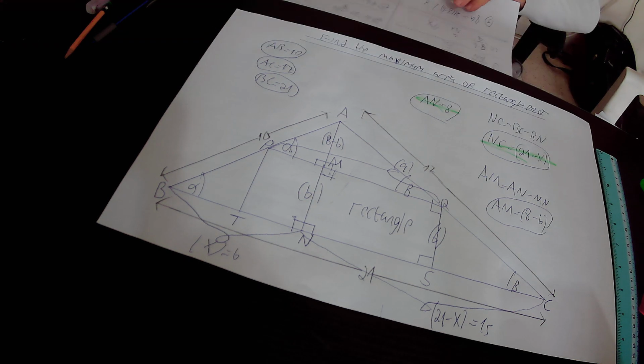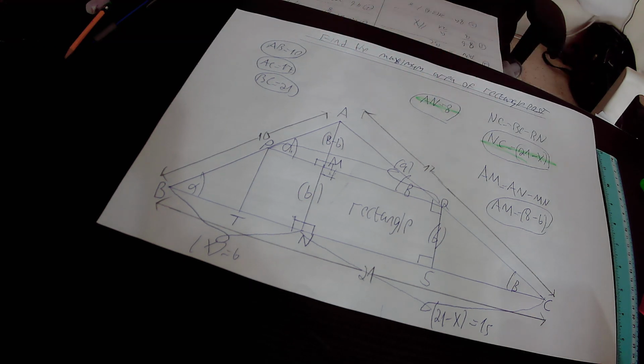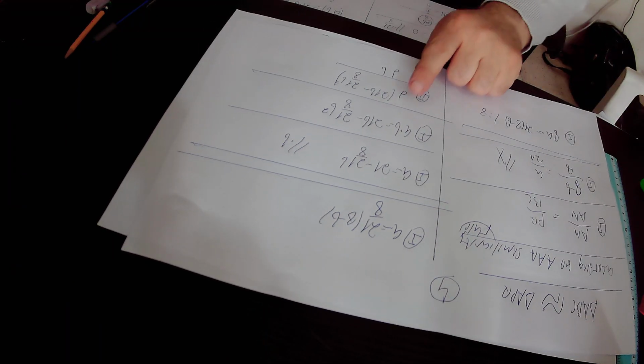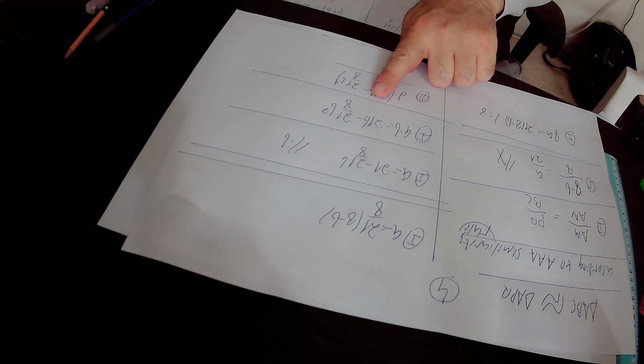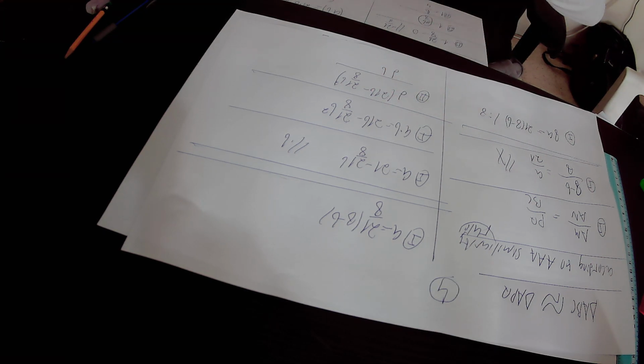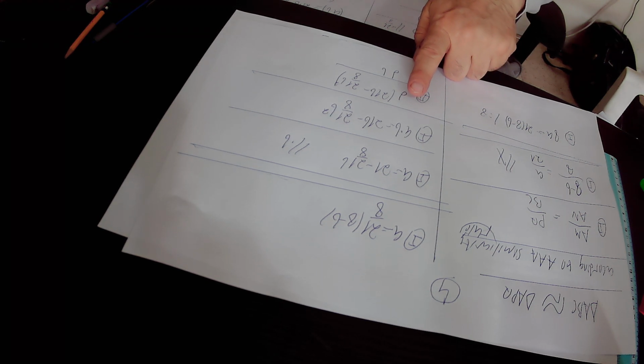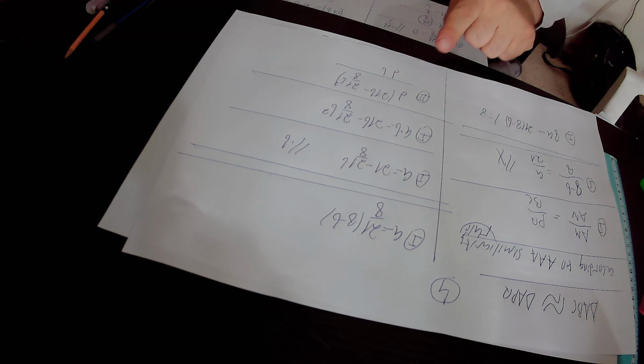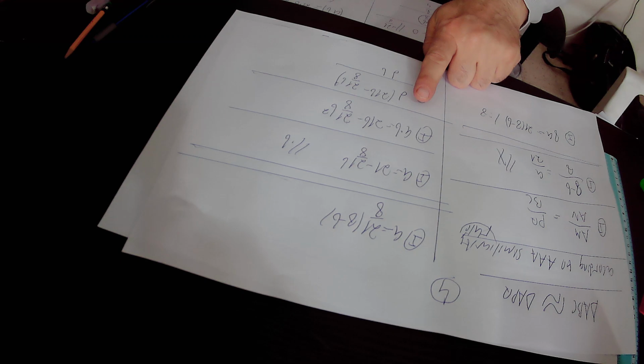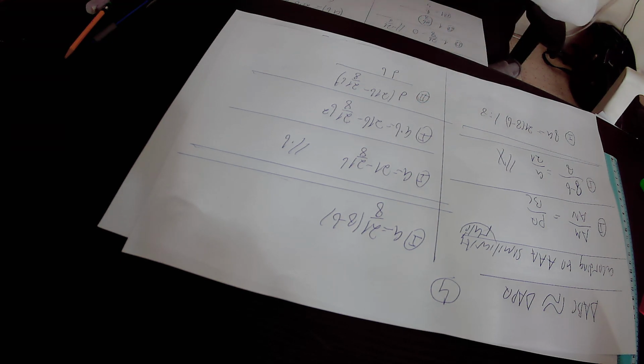And our mission is to find the maximum area of this rectangle PQST. In other words, our mission is to find the maximum value of this area function, that is to say, for which b the area will be maximum, because a times b is the area.